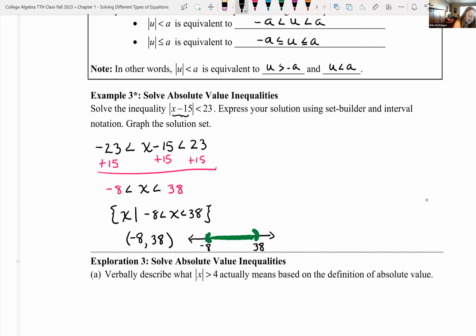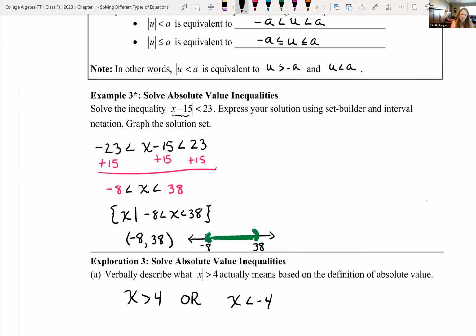So I can say that X is either going to be bigger than 4, or if we choose any number that's smaller than -4, then that would also have a distance to 0 on the number line of 4 or larger.